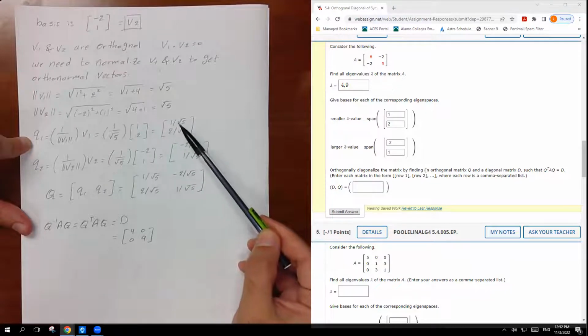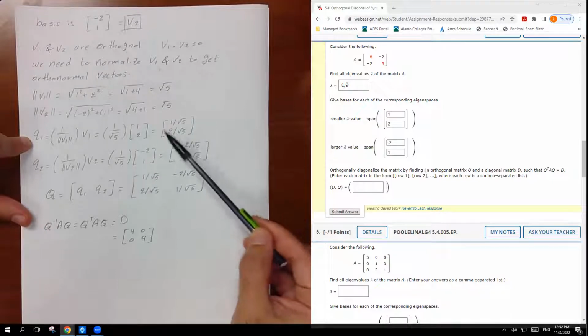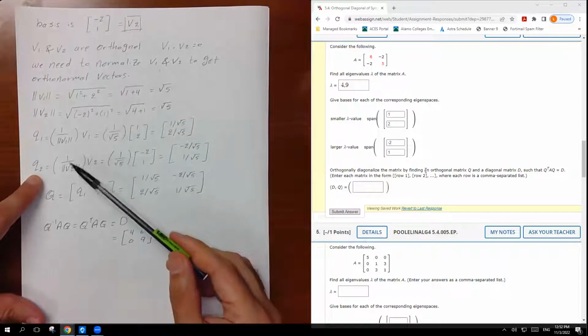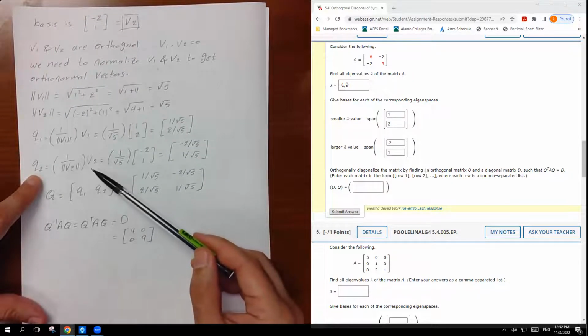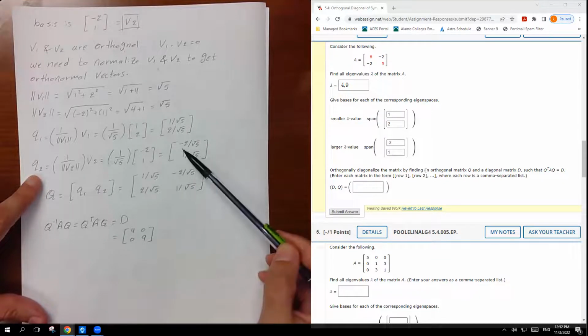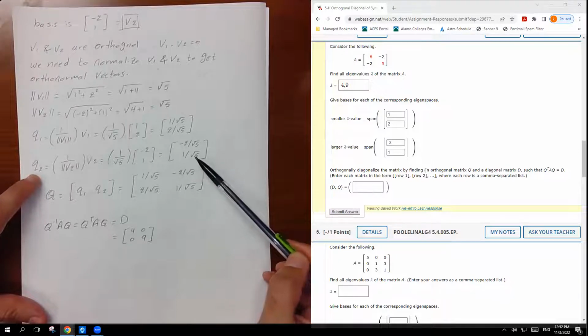It's 1 over square root of 5, 2 over square root of 5. This is the first column of the matrix Q. Q2 is 1 over the length of V2, so 1 over square root of 5 times -2 and 1. So it's -2 over square root of 5, 1 over square root of 5.